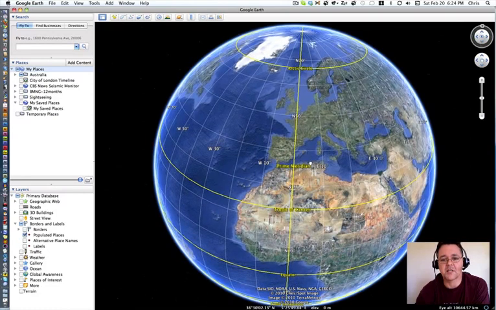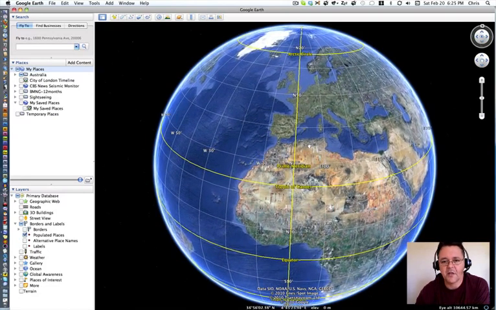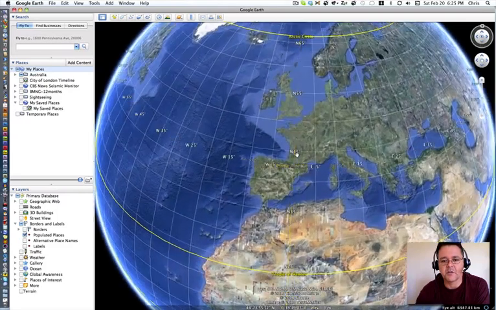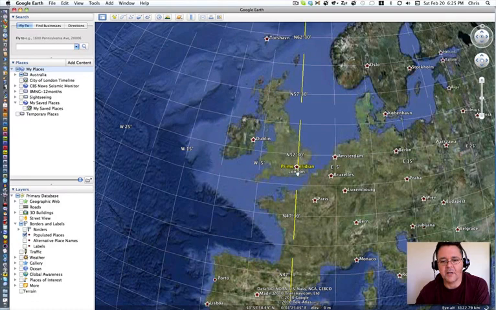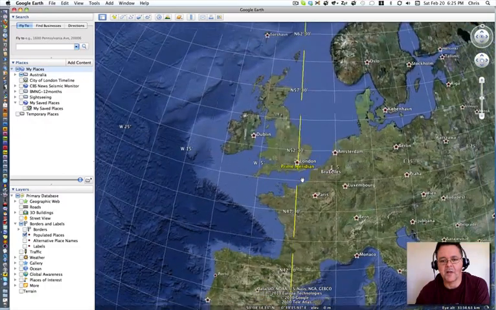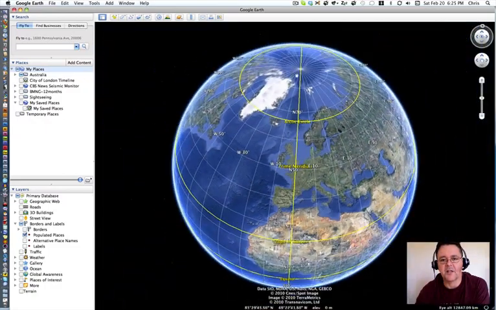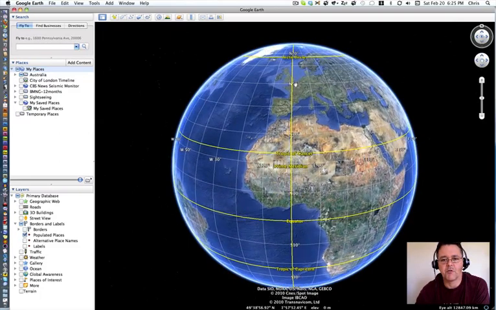And because so much of civilization began from English culture, the 0 point, if I just zoom in a little bit there, this yellow line that goes down through here goes through London, and it's called the prime meridian. Okay, so the prime meridian, if I zoom back out again, is the line that goes from top to bottom that travels through London. That's that yellow line there.